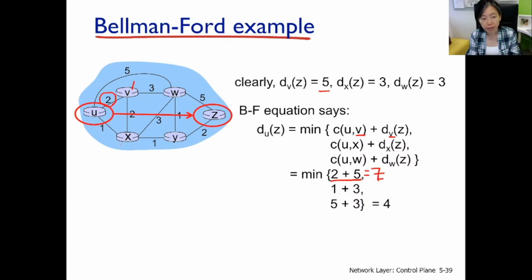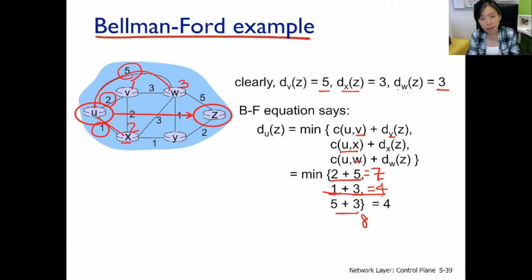Second neighbor, X. Link cost from the source to X is 1. And dXZ is reported as 3. So this is 4 here. Wow, nice. Third neighbor, W. Link cost is 5. And dWZ is 3.